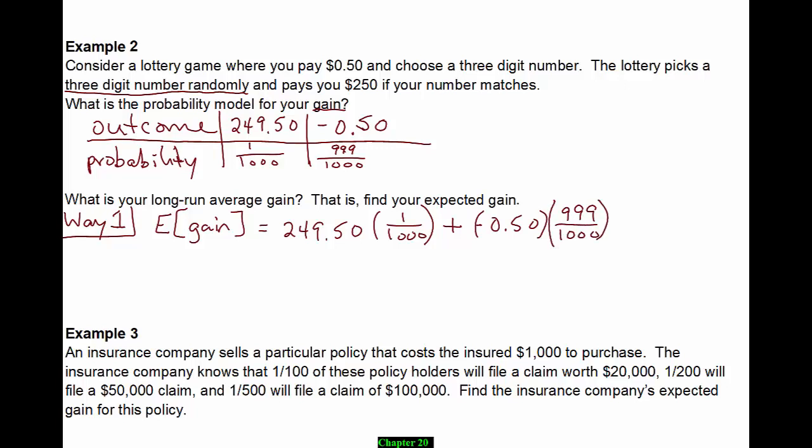And now we've exhausted all the outcomes and probabilities, so we're done except for computation, and when you punch this in your calculator, you should get minus a quarter. So on average, if you were to play this game many, many times, you can expect to come out losing a quarter on average.